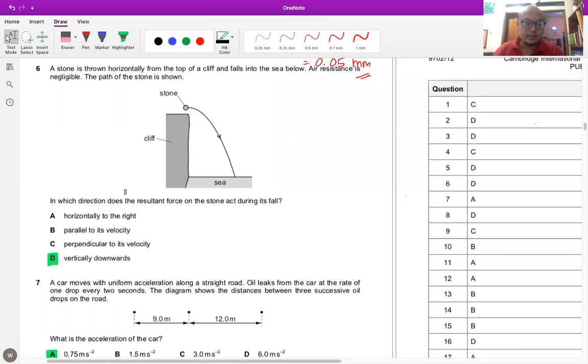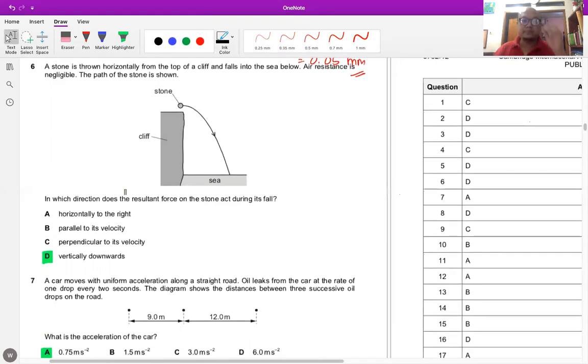Okay, now we see question 6. A stone is thrown horizontally from the top of a cliff and falls into the sea below. Air resistance is negligible. In which direction does the resultant force on the stone act during its fall?